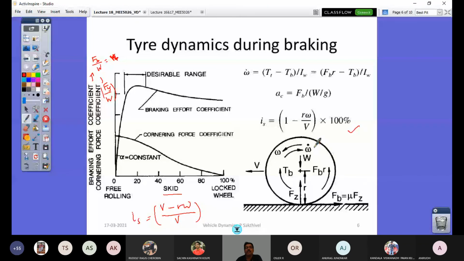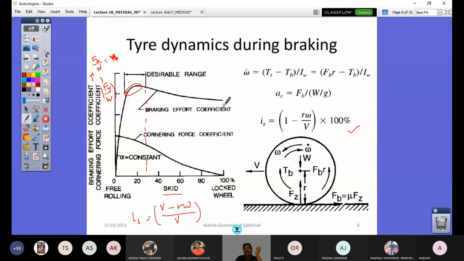So that's skid. As a function of skid, if we put these coefficients, you see that this is the plot for braking effort, and this is the plot for the cornering force coefficient. So the desirable range is this range. You should not let your skid increase beyond a certain value during braking. If it goes beyond that, there is a rapid fall of this.